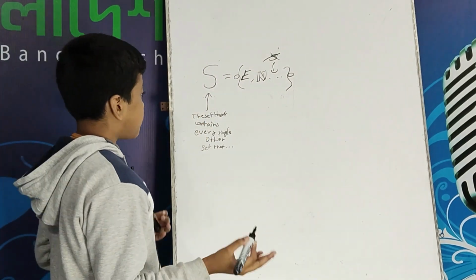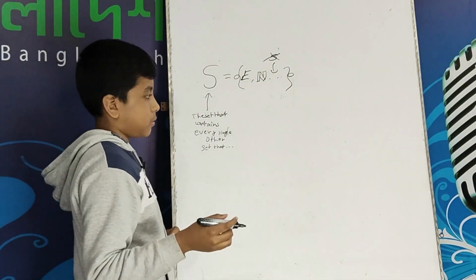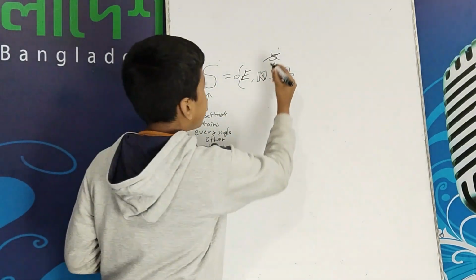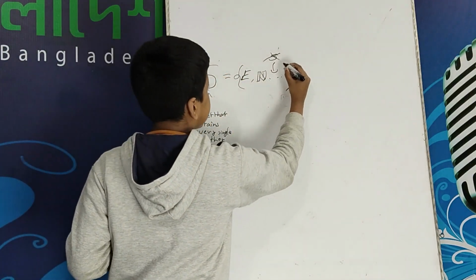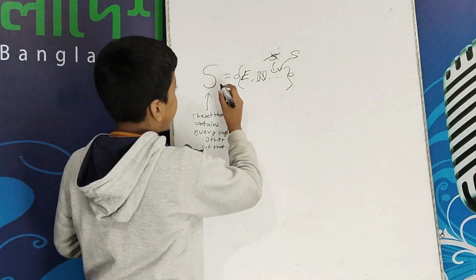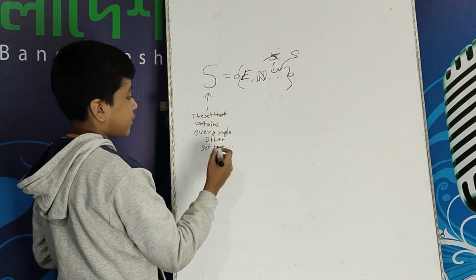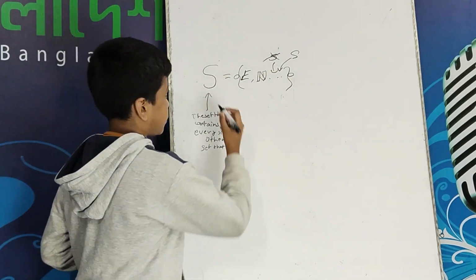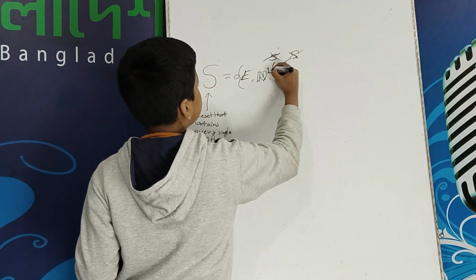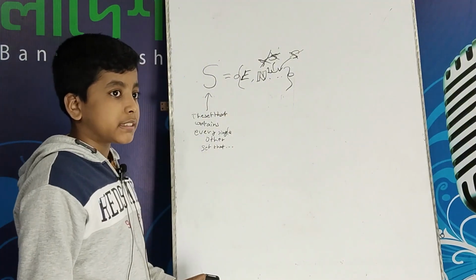Which means S should be contained in the set that contains every single other set that does not contain itself, which is S. So S should be contained in S. There is no S inside S, which means S should be inside S. But wait, now S is a set that contains itself, which means S should not be in the set that contains every single other set that does not contain itself, which is S. Which means S cannot contain itself, but that means S should contain itself, but that means S cannot contain itself, but that means that S should contain itself.